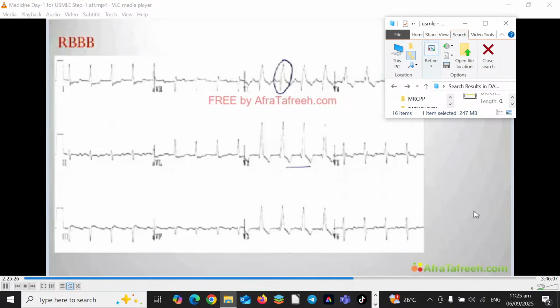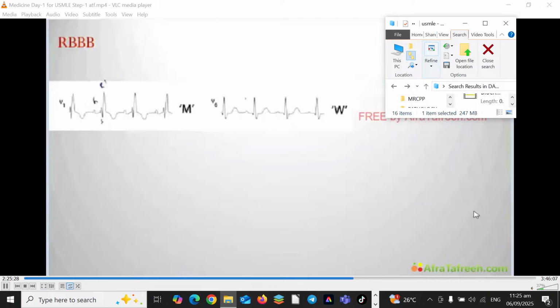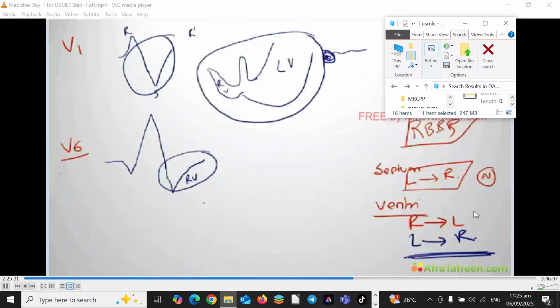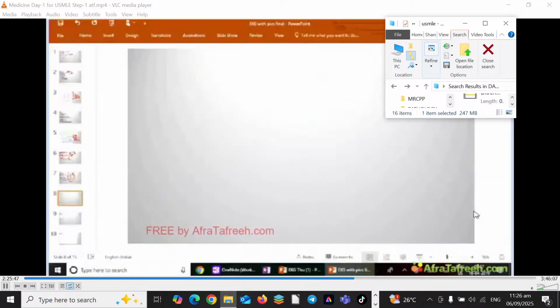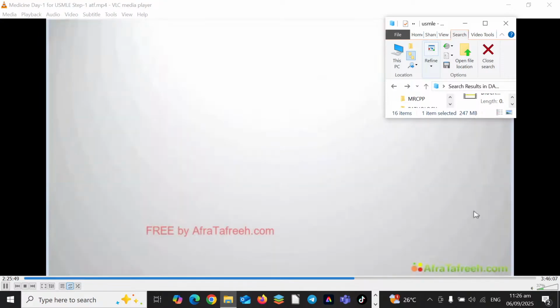Okay. So when we consider the whole scenario for the left ventricle and the right ventricle and everything, the only main confusion that you get is what stays positive and what stays negative, right? That is the only thing that bothers you.